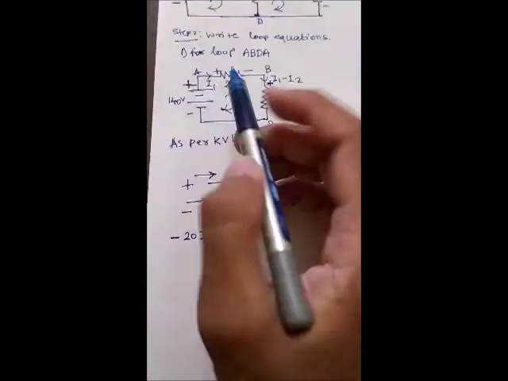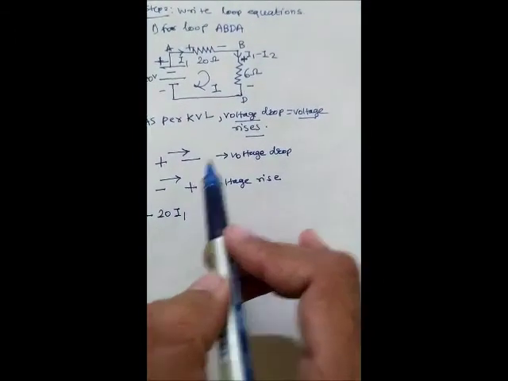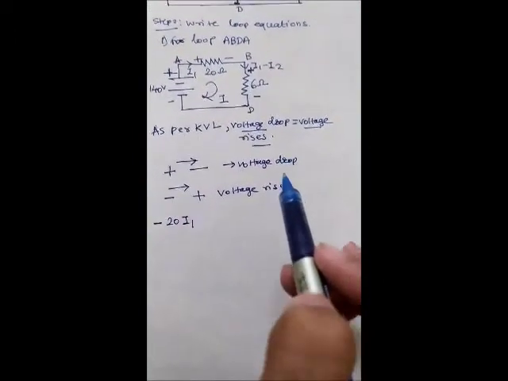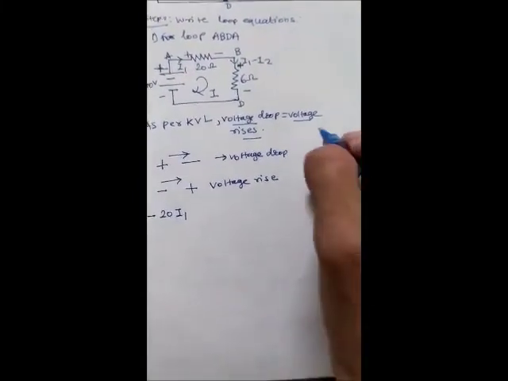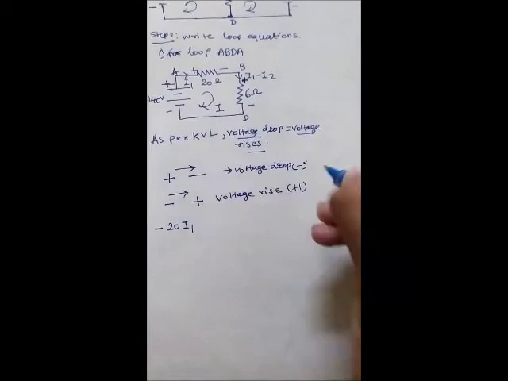So minus 20 I1, because I have told you when plus to minus current is flowing, I will consider it as a voltage drop. Okay, so minus 20 I1, drop is denoted by minus sign, rise is denoted by plus sign.